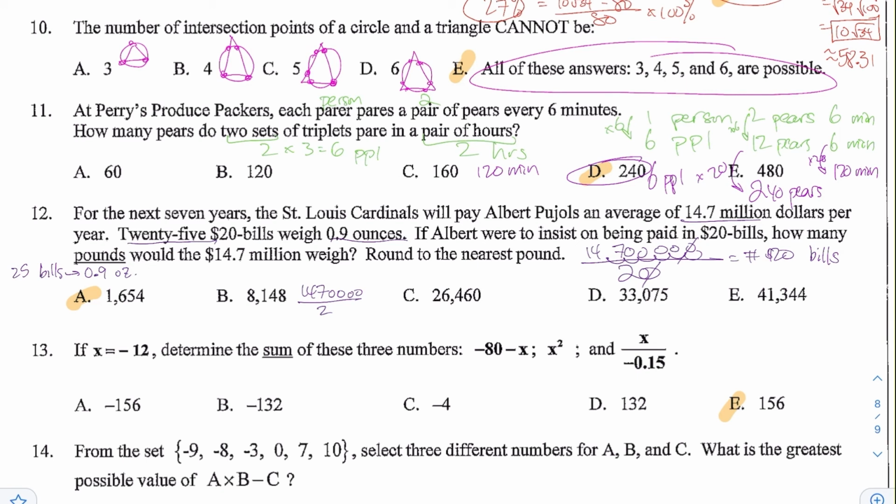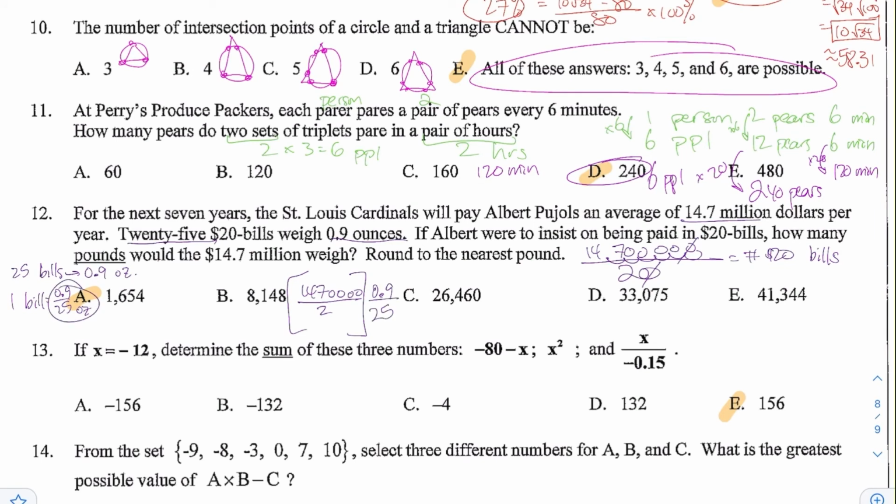And that's for 25 bills. So what you can do is figure out, well, one bill will be 0.9 divided by 25 ounces. So you'll have to multiply this by 0.9 over 25. And now this will be in ounces.